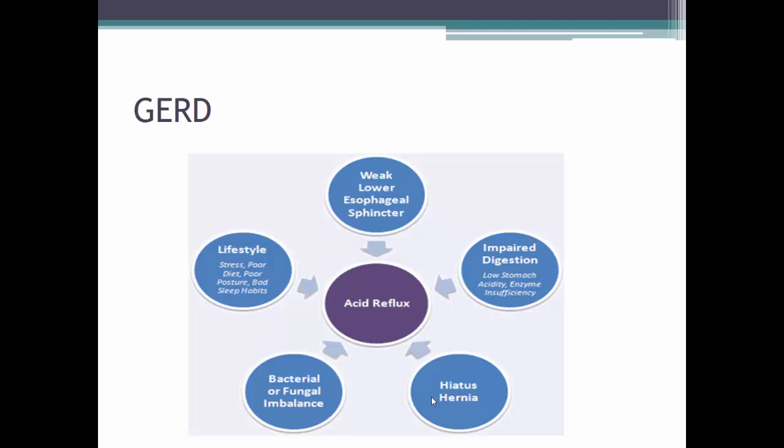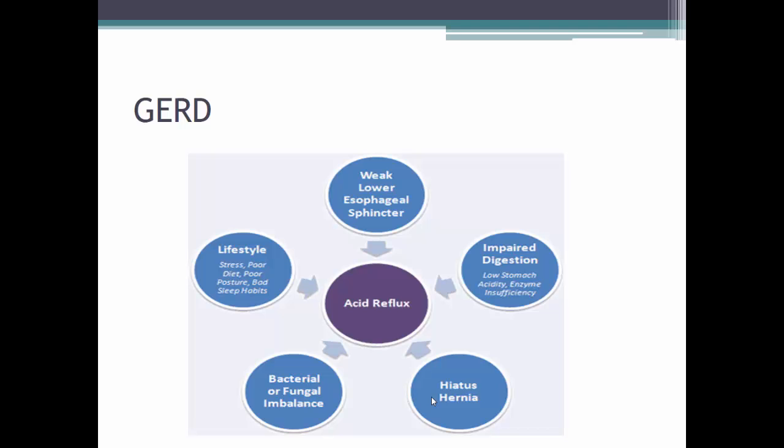So the presence of reflux implies lower esophageal sphincter incompetency, which may result from a generalized loss of intrinsic sphincter tone or inappropriate transient relaxation. These relaxations are triggered by gastric distension or by pharyngeal stimulation.